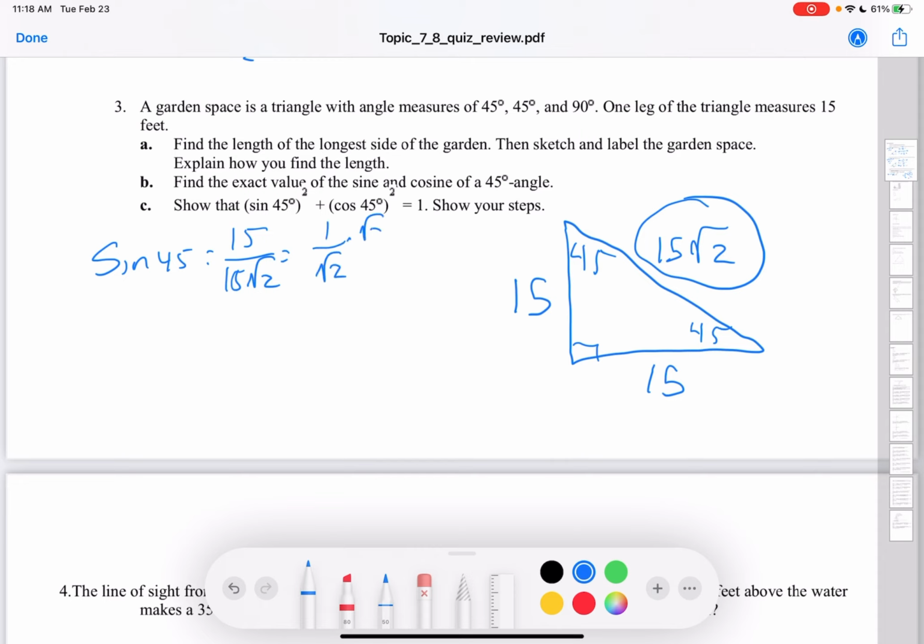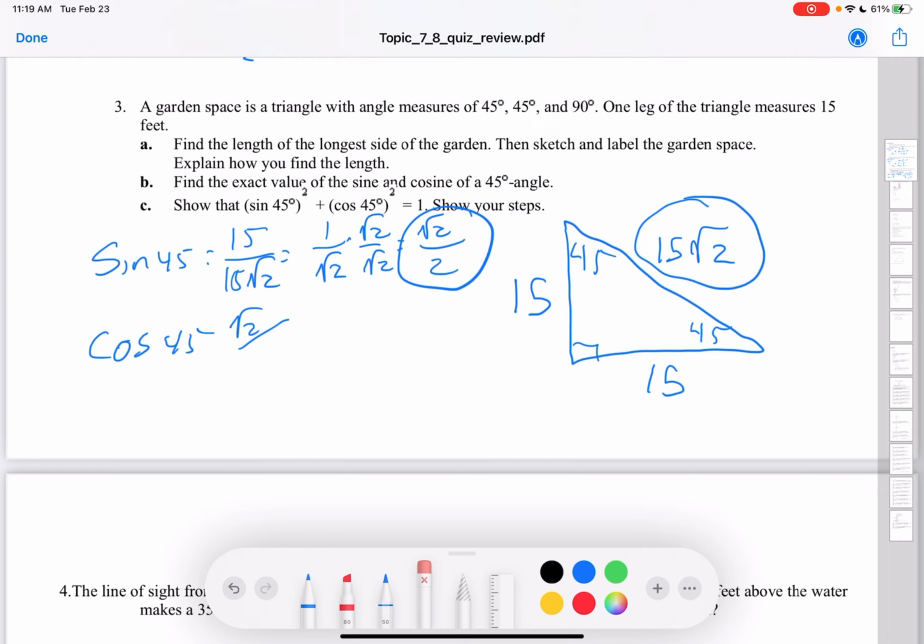So multiply by radical 2 over radical 2, which is radical 2 over 2. So that's the sine. Cosine is going to be the exact same thing. Cosine of 45, it's going to be the same exact thing because it's adjacent over hypotenuse, but adjacent is 15 as well.